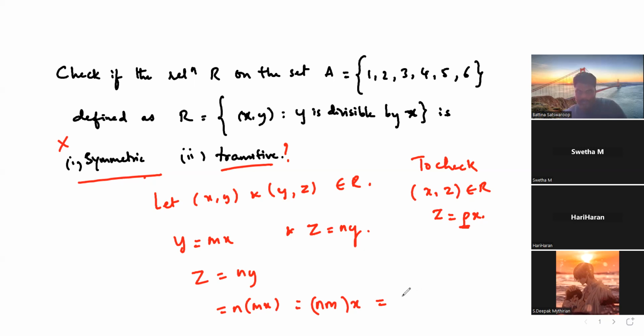So I can say this equals nm into x. What does it imply? It implies that (x, z) also belongs to R. Therefore, I can say it is transitive.